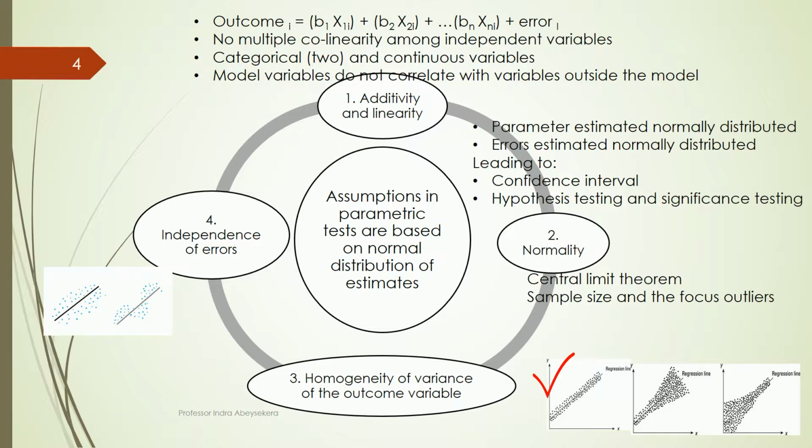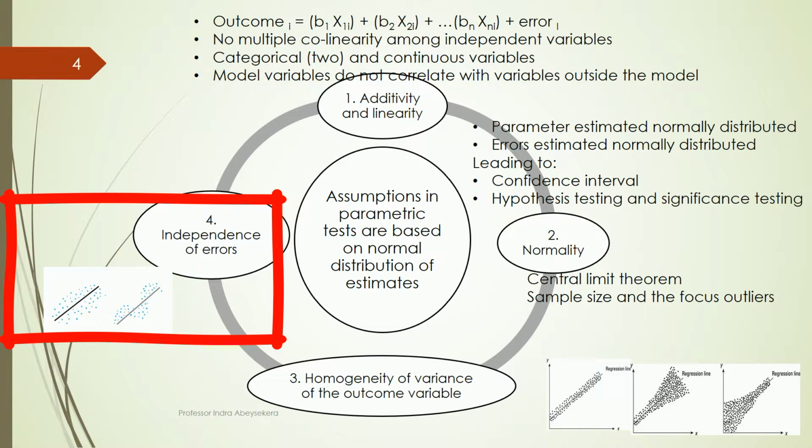The fourth aspect is the independence of the errors. They are the variables that are not included in the model and all other factors. They should not have any dependence on the outcome variable.